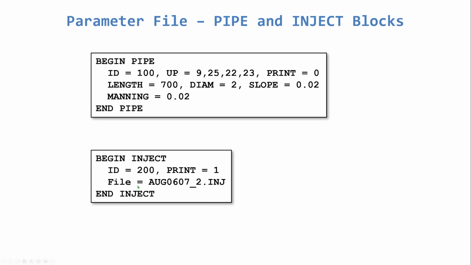So again, you have to remember, if you put an injection element in, the element you're going into, you have to name 200 as one of the upstream points that drain into it.